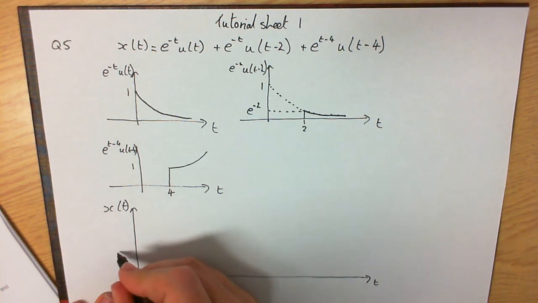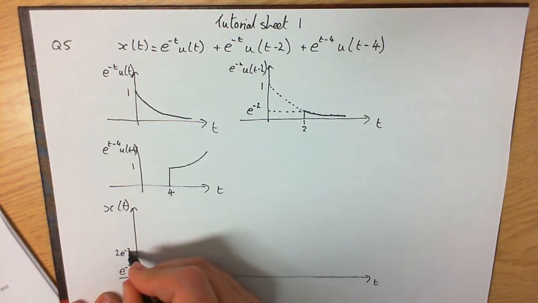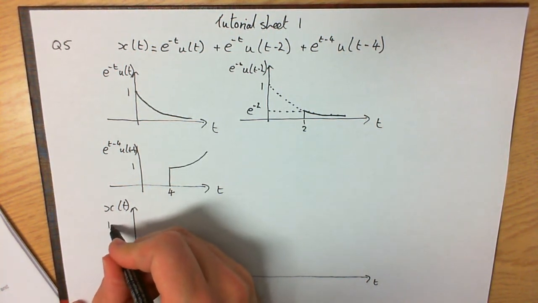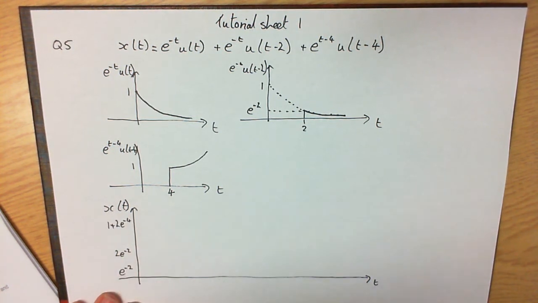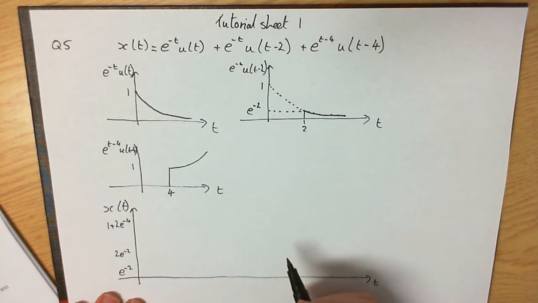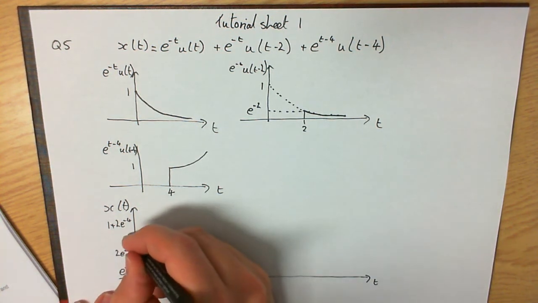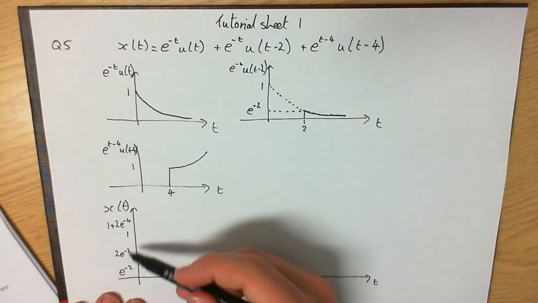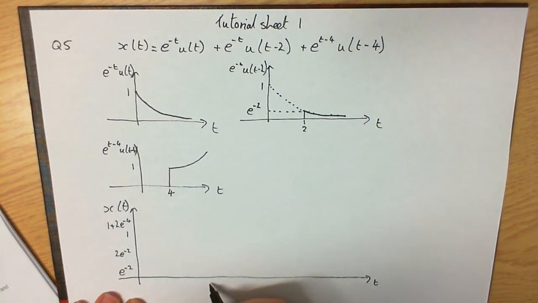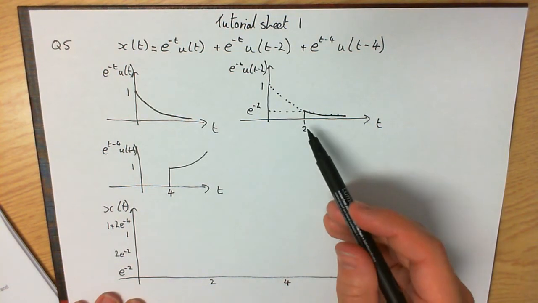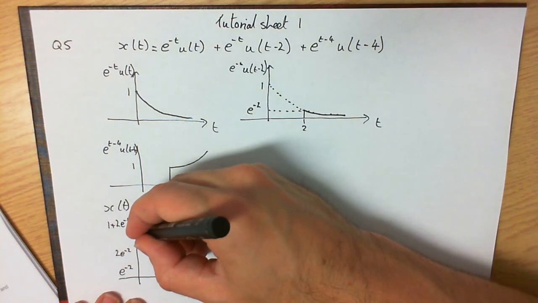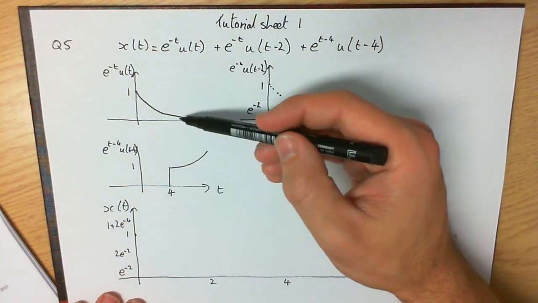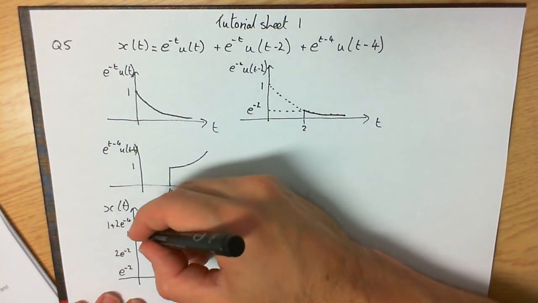We're going to need 2 e to the minus 2, and we're also going to need 1 plus 2 e to the minus 4. That will become obvious in a moment. We're also going to need 1. Note, these are not to scale. And then we're going to have time 2 and also time 4, because those are the interesting times when things start to change.